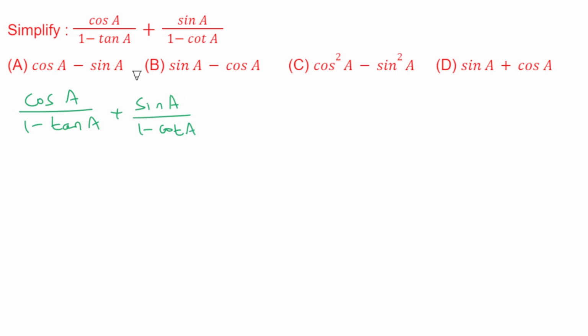The options are in terms of cos and sin, but we have tan and cot in the question. So we need to eliminate tan and cot and replace them with cos and sin.